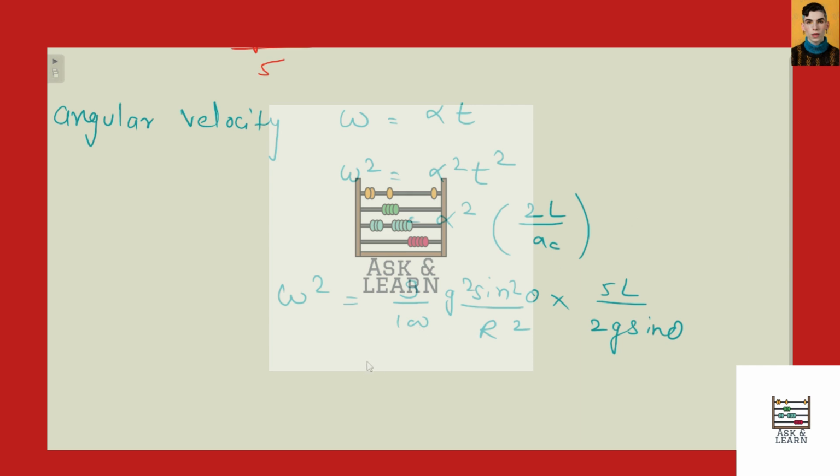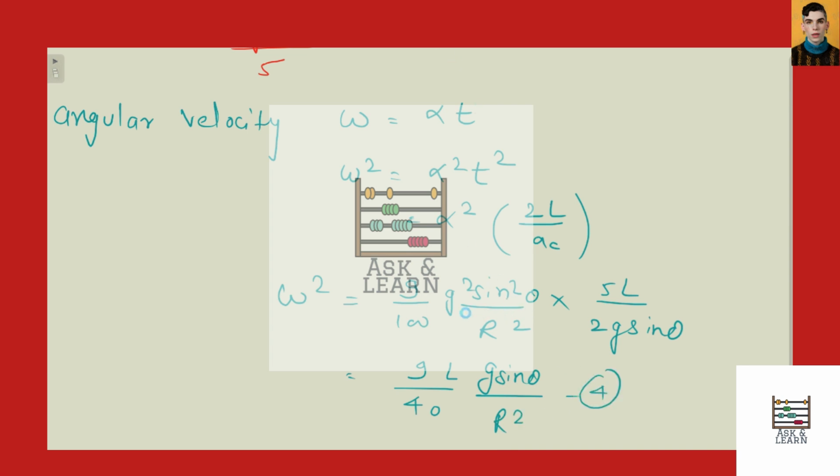Now after simplifying this we get 9 upon 40 into L into g sin theta upon r square. Let this be our equation 4.